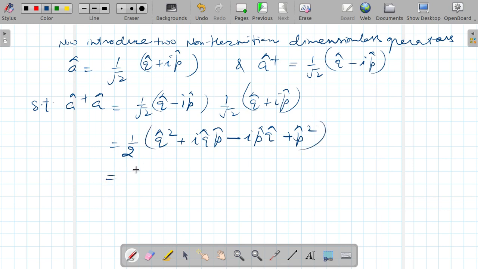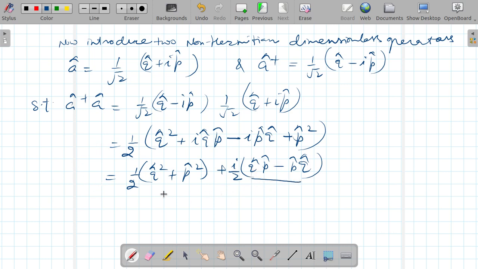Now it's equal to 1 by 2 (Q square plus P square) plus iota by 2, because I multiplied these two terms, so it is (QP minus PQ), right? So this is basically a commutator.